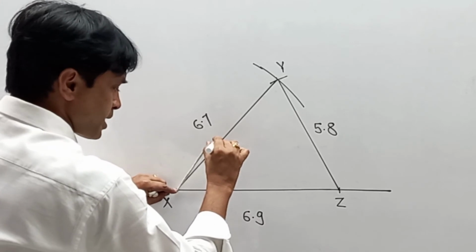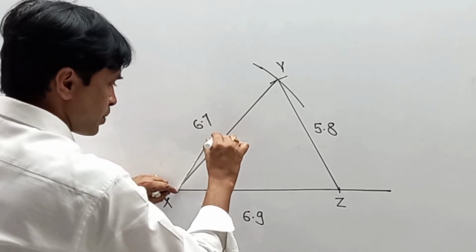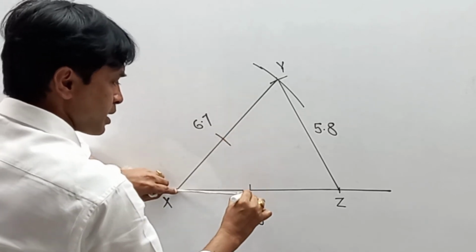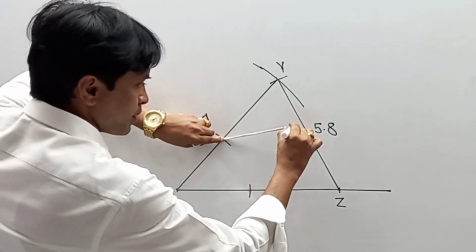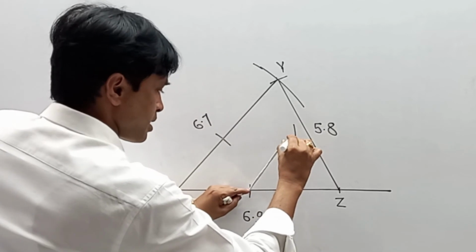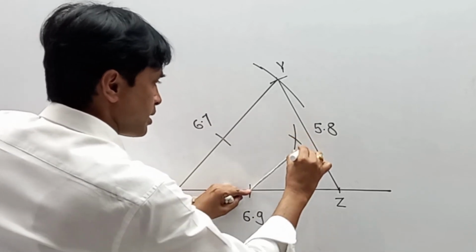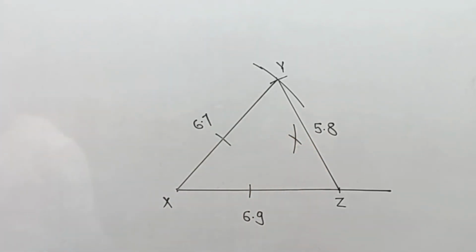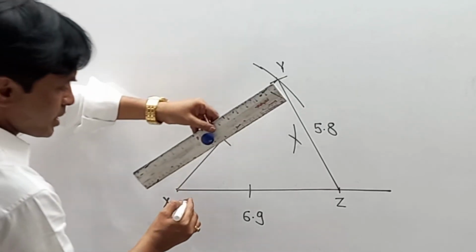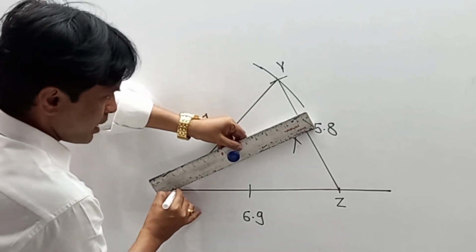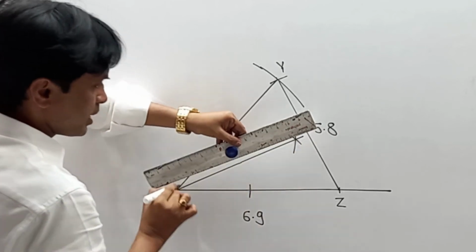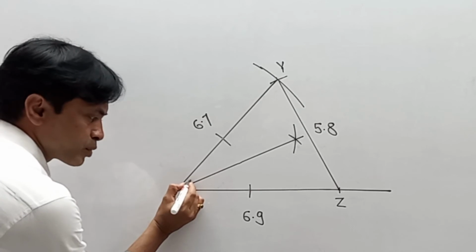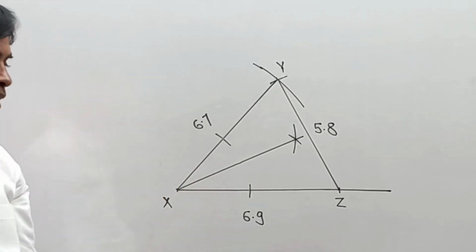From vertex X, I am going to take some distance in a compass, first arc, second arc, keeping the same distance. In this way, we have drawn the first angle bisector, that is the bisector of angle X. Definitely these two angles are equal, but I am not going to highlight it over here.